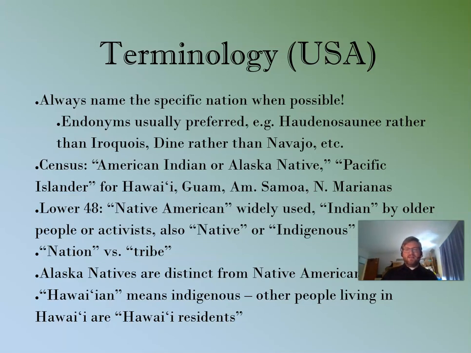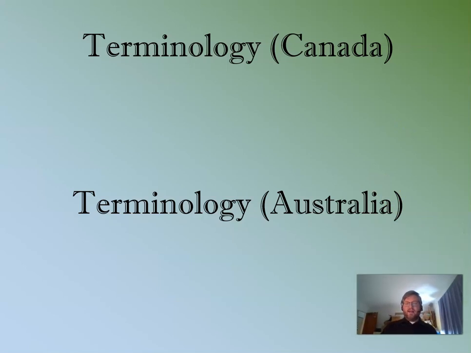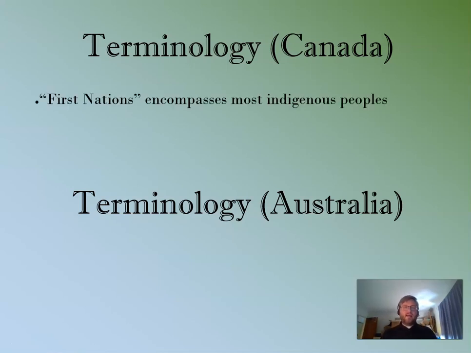Okay, then to very briefly mention the situations in Canada and Australia, two other places that we'll be addressing a little bit in some of our discussion. In Canada, it's a very common term to say First Nations. So most of the Indigenous people of Canada will be encompassed by the term First Nations.